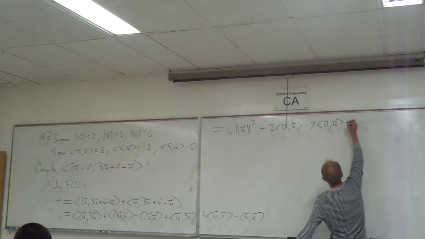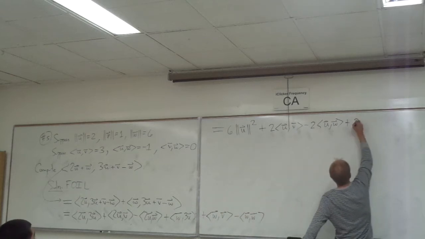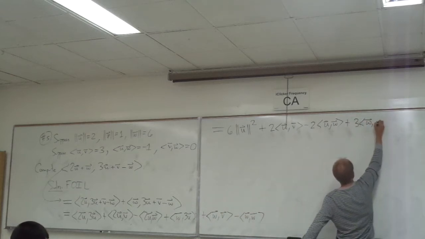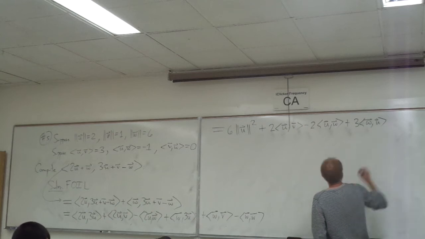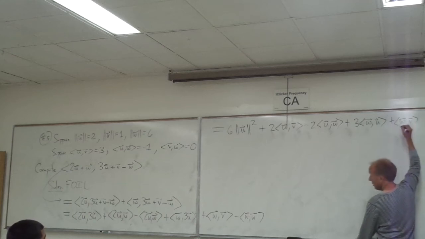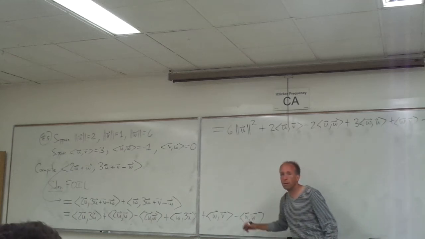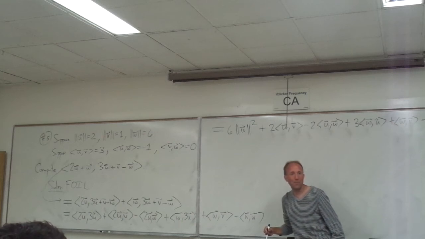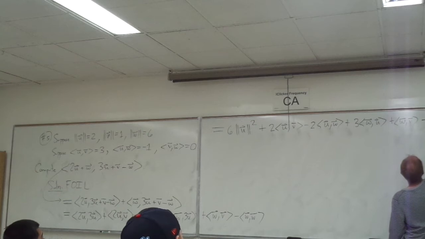Then I have a factor of 3 on the next term, so I can pull that out: 3 times the inner product of w with u. And then I have plus the inner product of w with v. I don't have to change that one. And then the last one, what is the inner product of w with itself? How can I rewrite that? The norm of w squared, right?